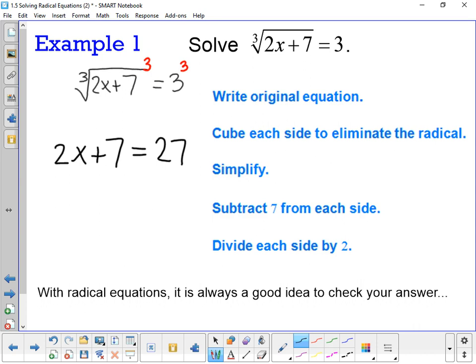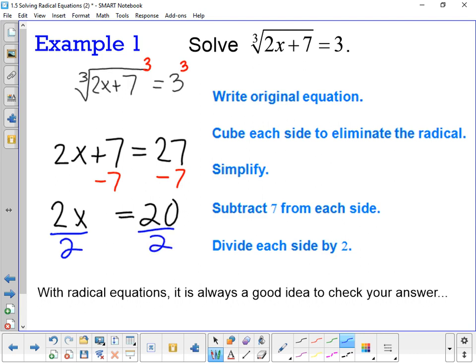And from here it's pretty straightforward, like you're used to from prior classes. We're just working towards getting the x by itself, so we subtract 7. That leaves us with 2x is equal to 20, and then our final step is to divide by 2, giving us the solution that x is equal to 10.